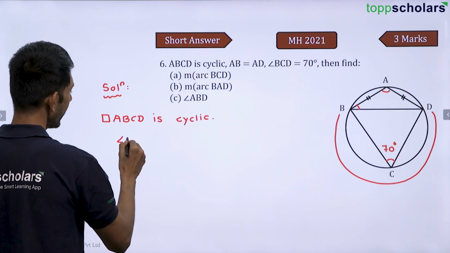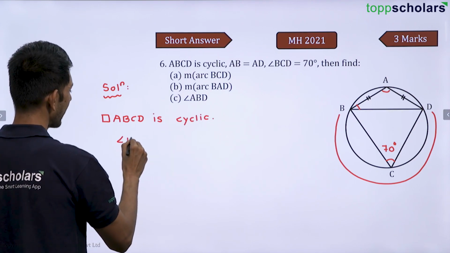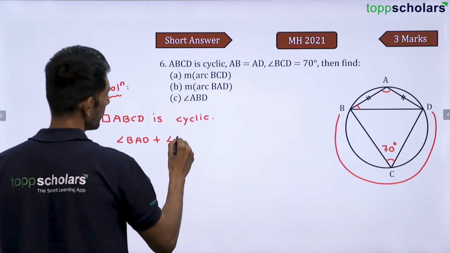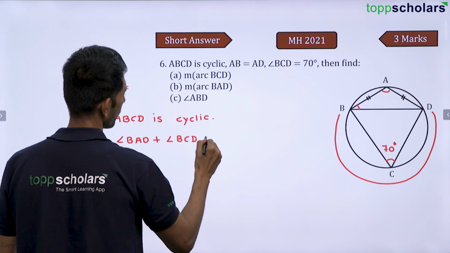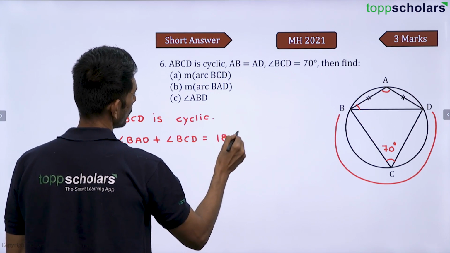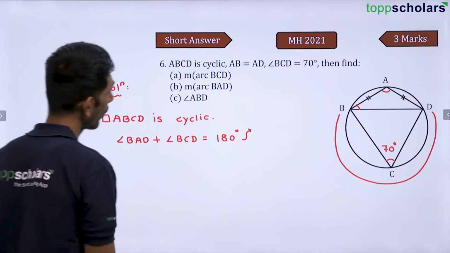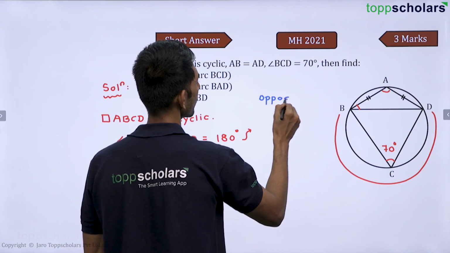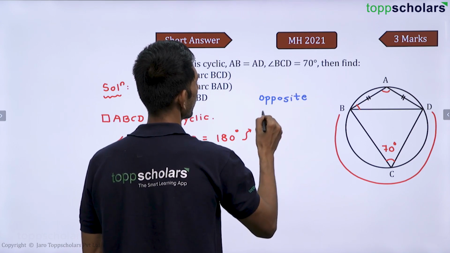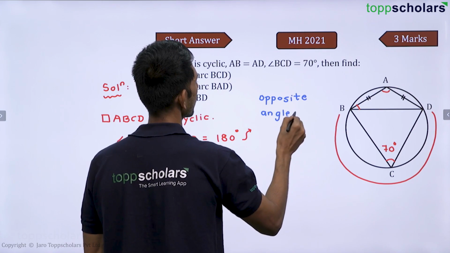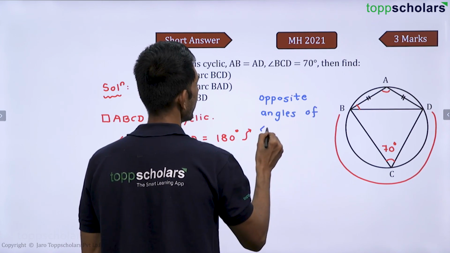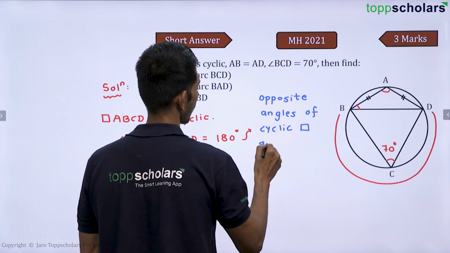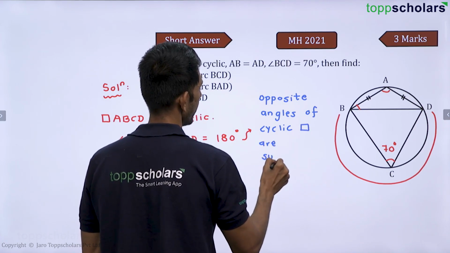So angle A, or in short angle BAD, plus angle BCD will be equal to 180 degrees. What is the reason? The reason is opposite angles of a cyclic quadrilateral are supplementary, right?